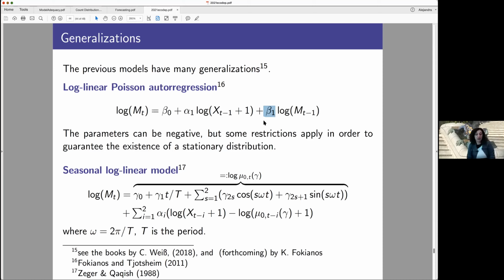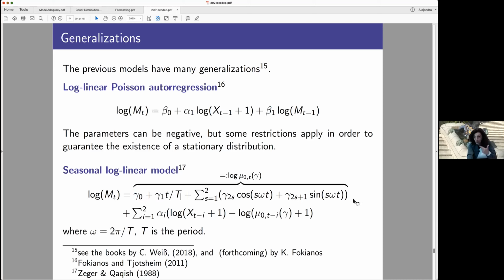Also, you can add covariates, for instance, to deal with linear trends or harmonic oscillations. For instance, this model by Ziegler, this proposition is kind of old, but it works for seasonal models. This has a linear trend and a couple of harmonic oscillations.